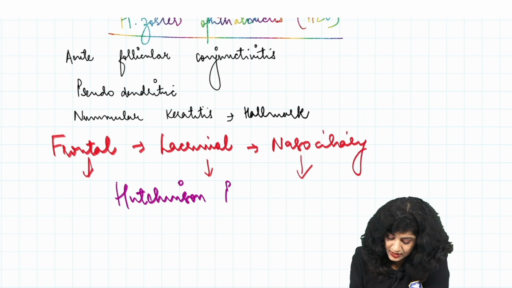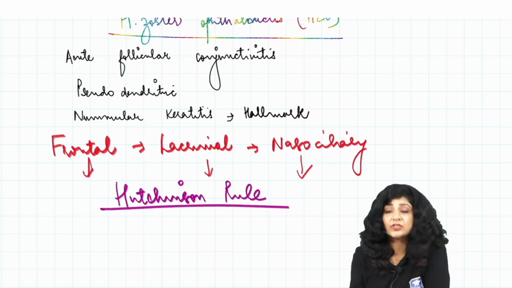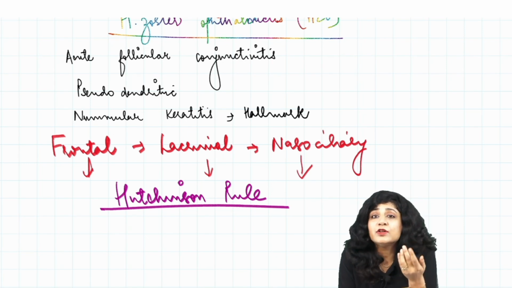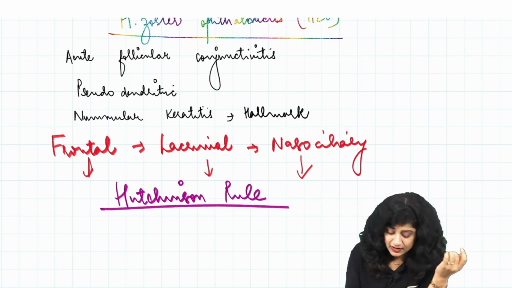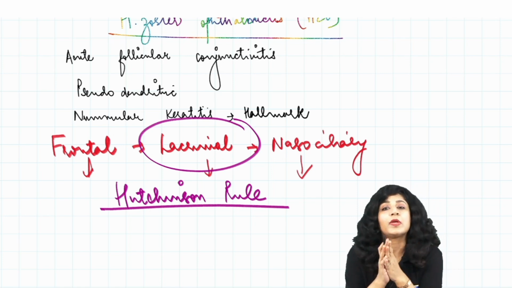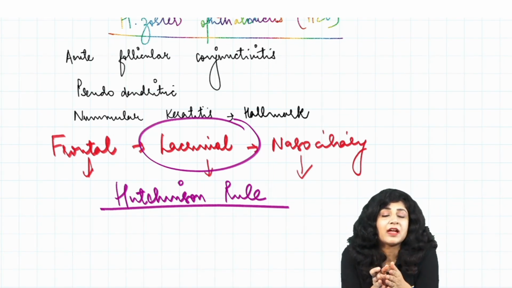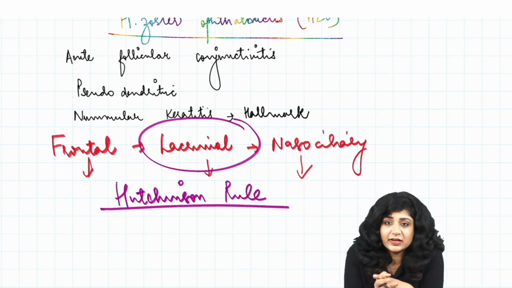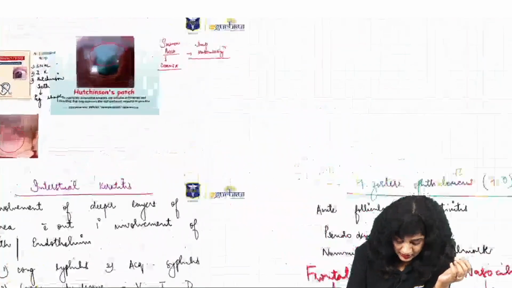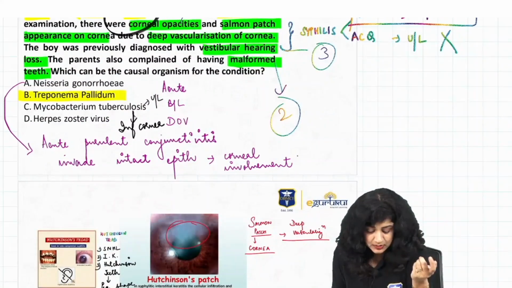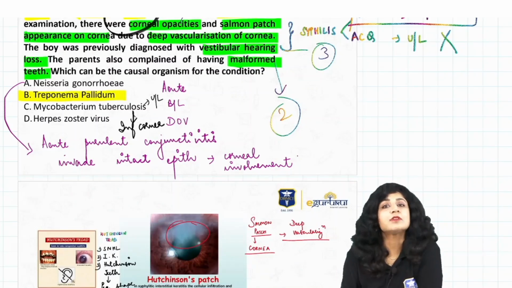So it is not the Hutchinson triad here, it is the Hutchinson rule that is followed, that if the tip or the side of the nose is involved, then the chances of ocular involvement are very, very high. So we can easily rule out the other options: Neisseria gonorrhoeae, Mycobacterium tuberculosis, as well as herpes zoster virus.